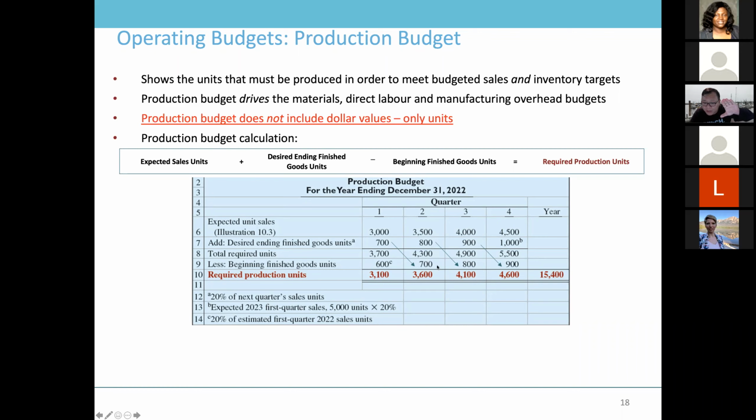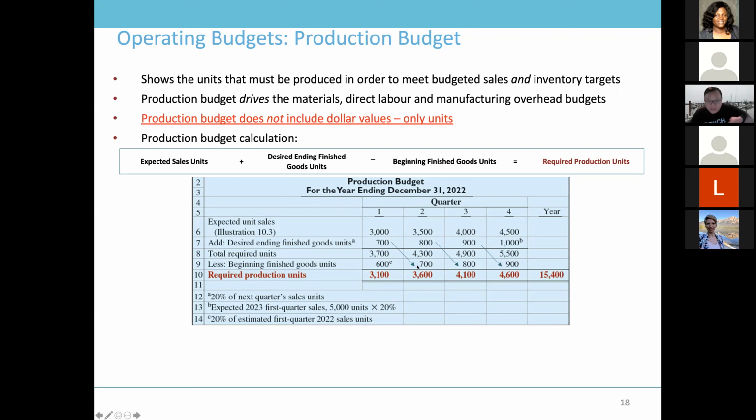And what's your opening balance? This 700 comes from the ending inventory, because the quarter 1 ending inventory balance is the beginning balance of quarter 2. We know that number is 700.